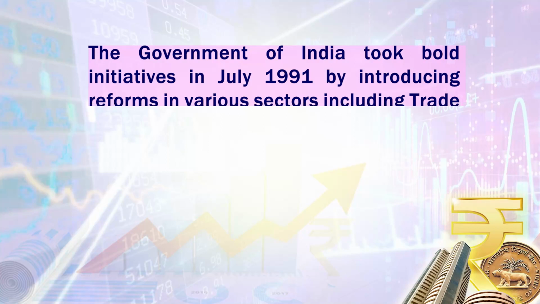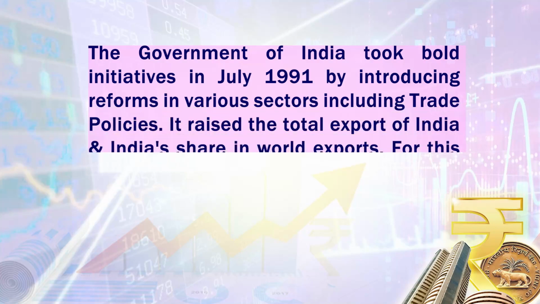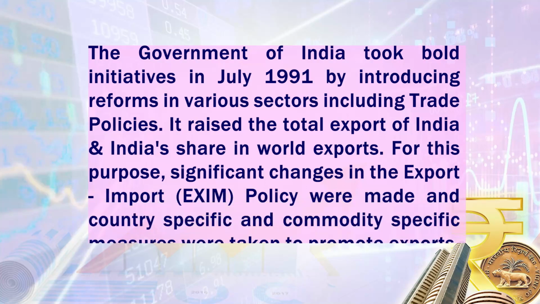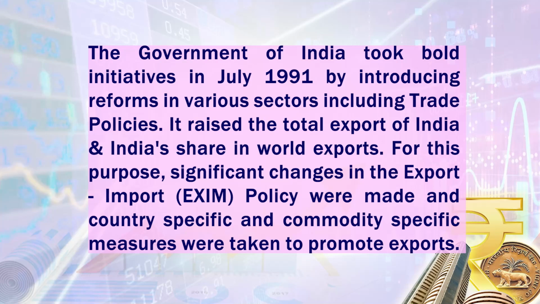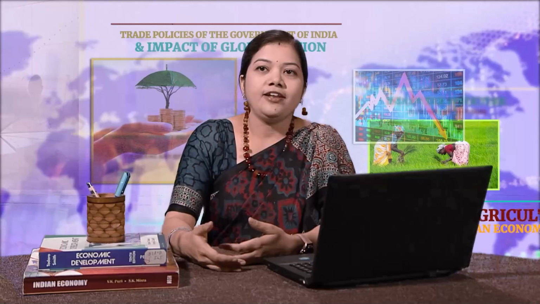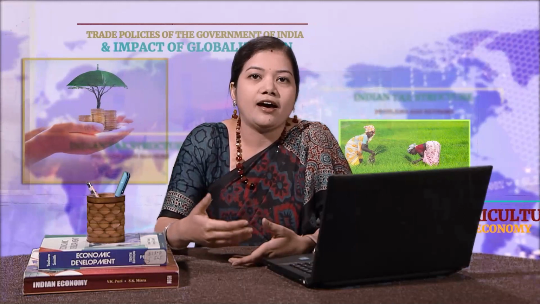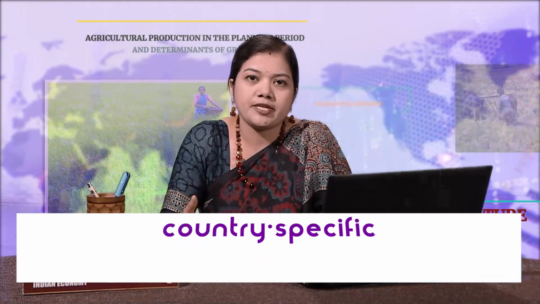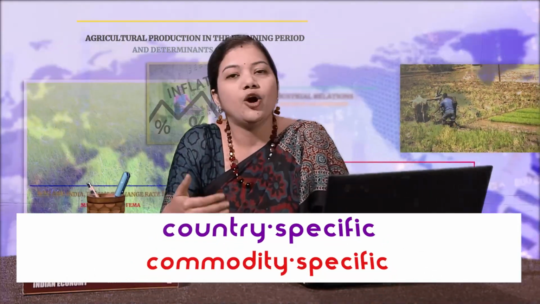This new foreign trade policy of 1991 raised the total export of India as well as India's share of export in the world market, and it found a way to improve the balance of payment crisis of India in world trade. This new policy also changed the export-import policy, and country-specific and commodity-specific policies were taken from this point of time.